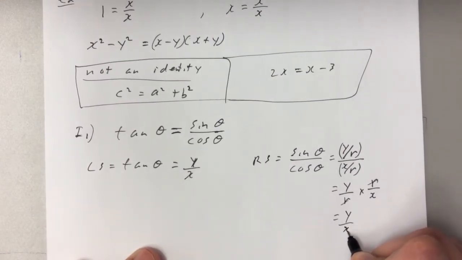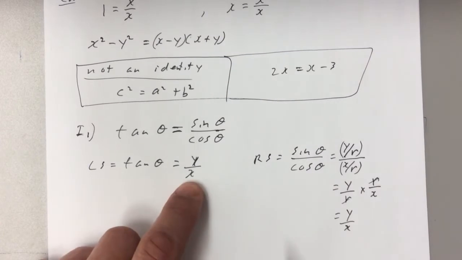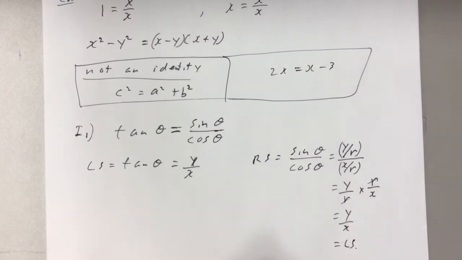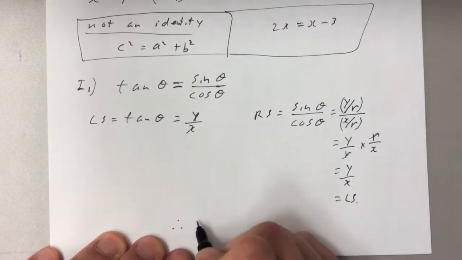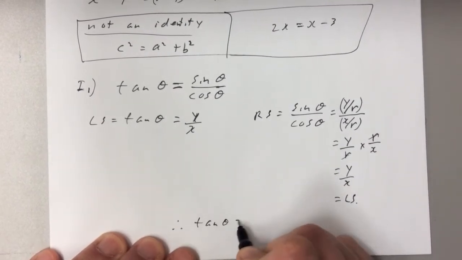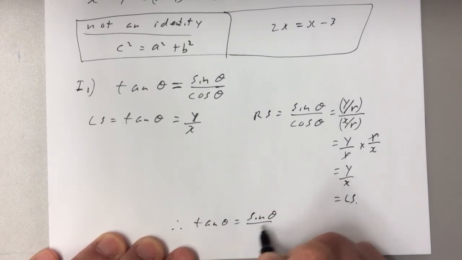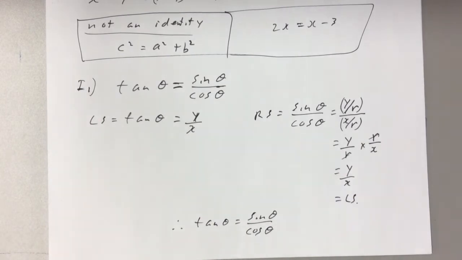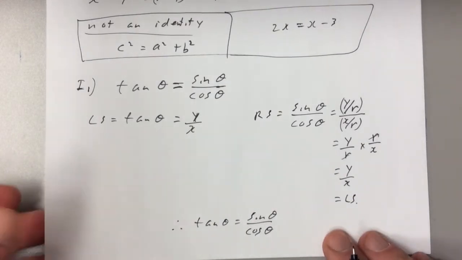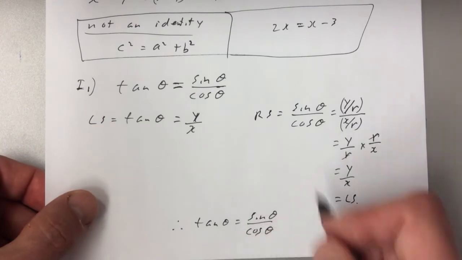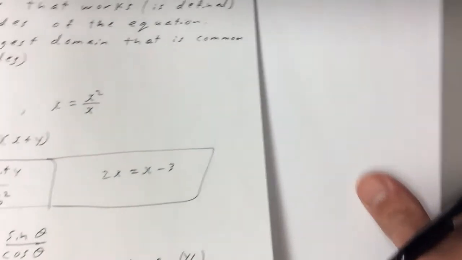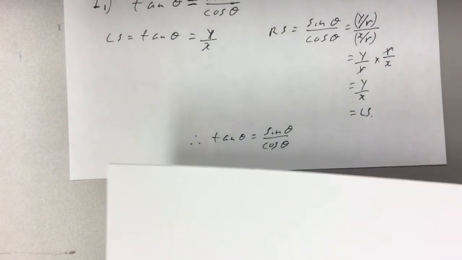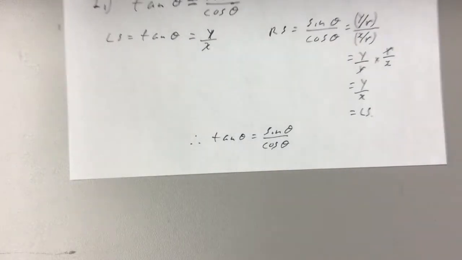And that happens to equal the left side. So therefore, tan theta equals sine theta over cos theta, no matter what theta is. Okay? So that's our first identity. First true statement about trig. Okay? Now, we're going to look on to what else we could get from that after.